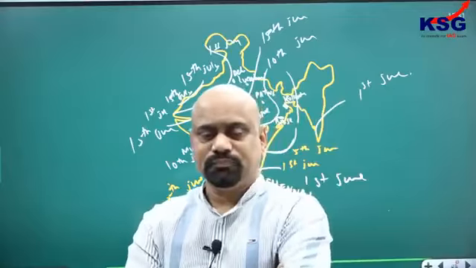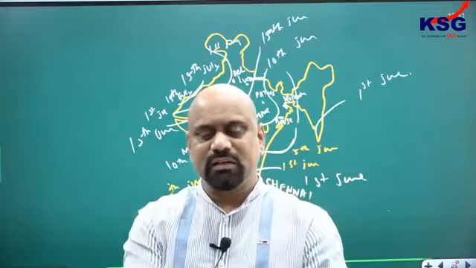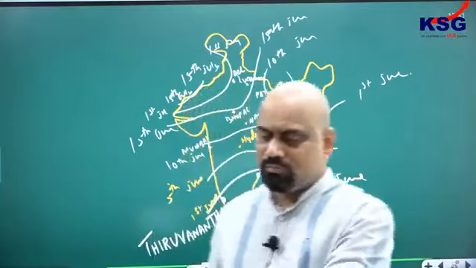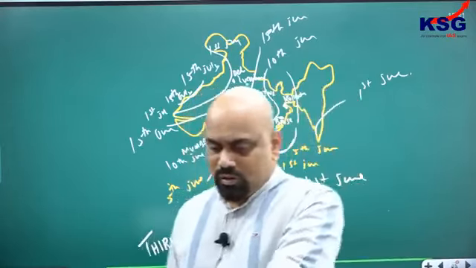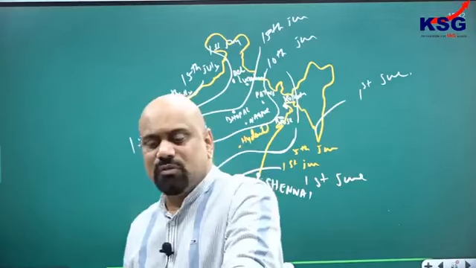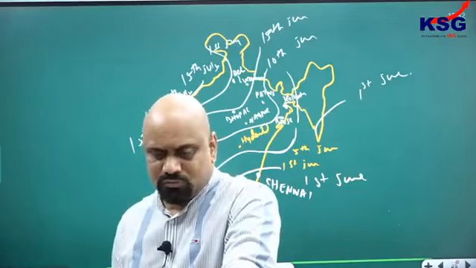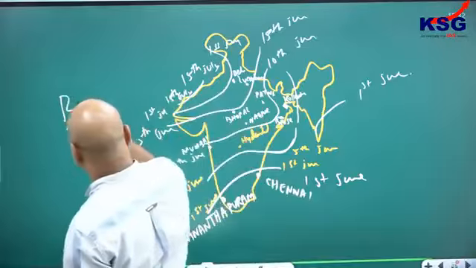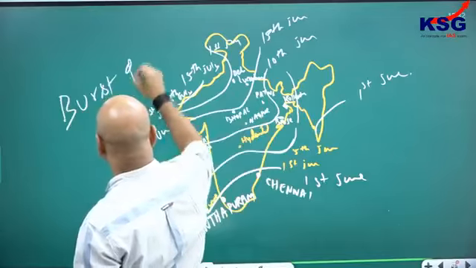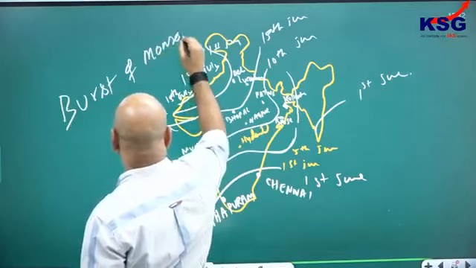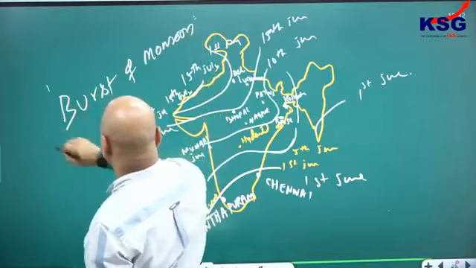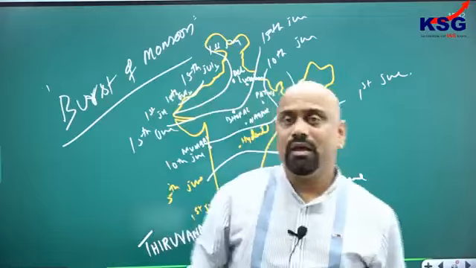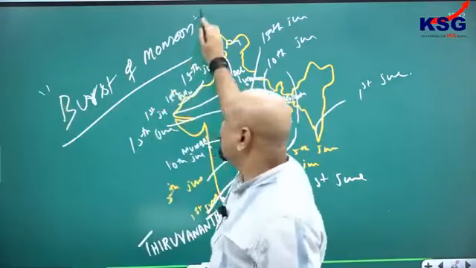Then gradually it established itself and it branched up into two parts, as you know. Arrival of the summer monsoon is called a burst of monsoon. Arrival of the monsoon in India is called the burst of monsoon.